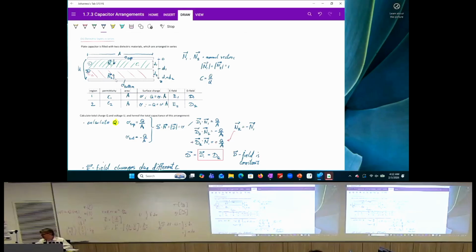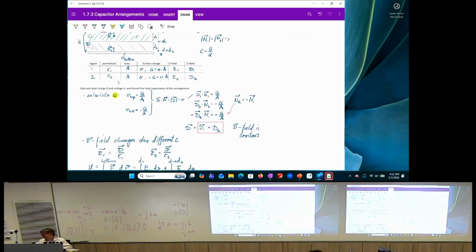We know that the electric flux, or displacement field, is constant, not however the electric field. The electric field is constant within each region, but it is different compared to the other region.